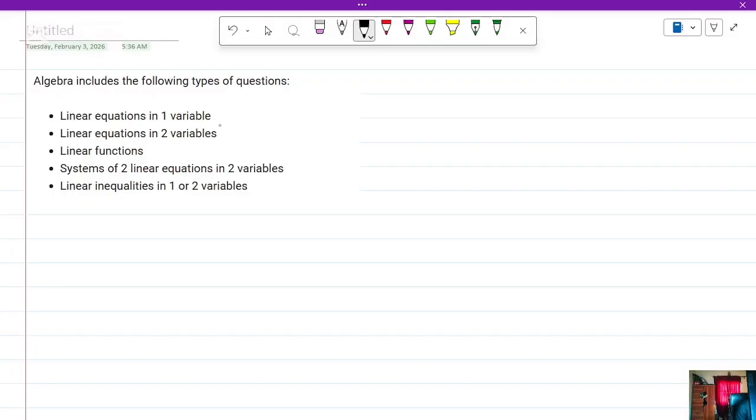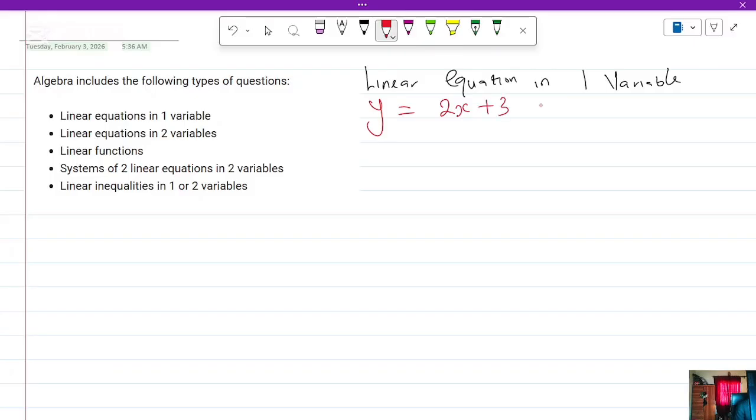So now, when talking about the linear equation in one variable, linear equation in one variable refers to an equation like y equal to 2x plus 3, or it can be 5 equal to 6x plus 7, where you are going to be asked to find the value of x.